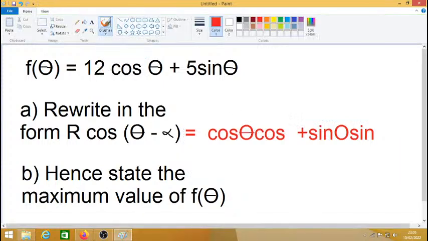So it's cos theta cos alpha plus sin theta sin alpha. That's your standard cos(A minus B) formula.